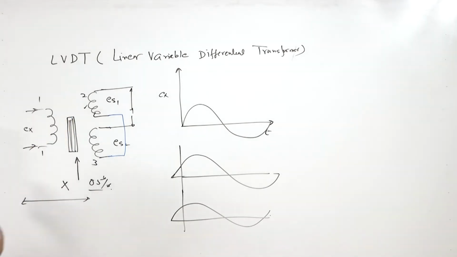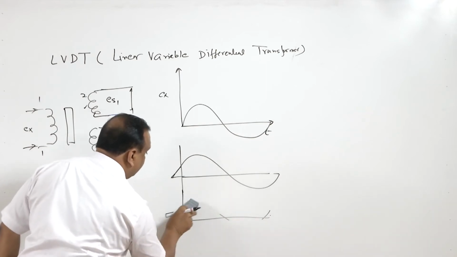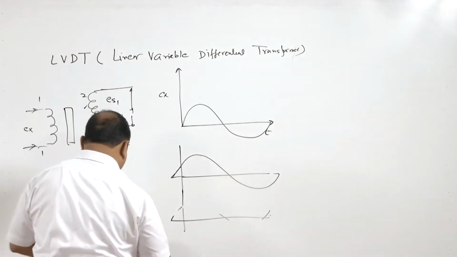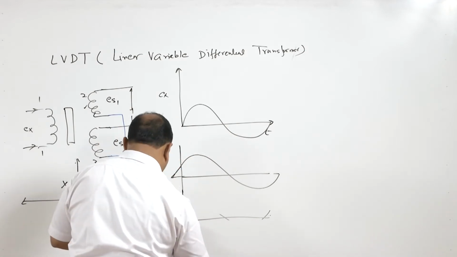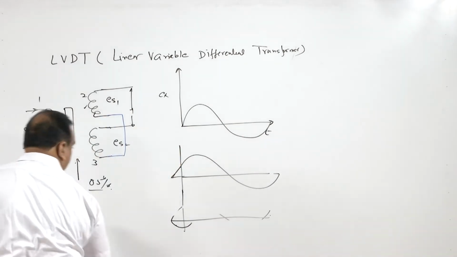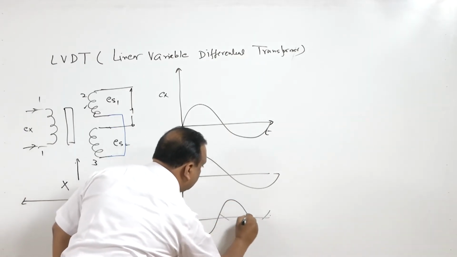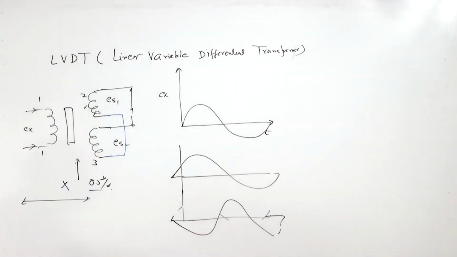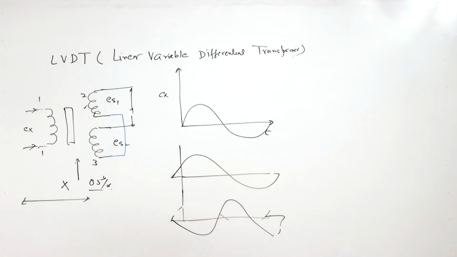Now it will be clear to you: when the core is in the middle, in the neutral position, there is going to be no output, because the output in the second coil has reversed. It will be the reverse of this. So the outputs from ES1 and ES2 cancel out and you get no deflection in the LVDT.